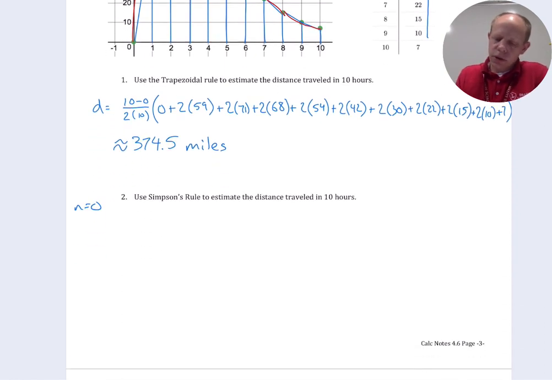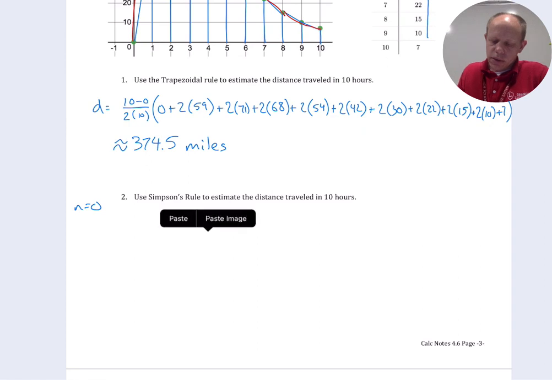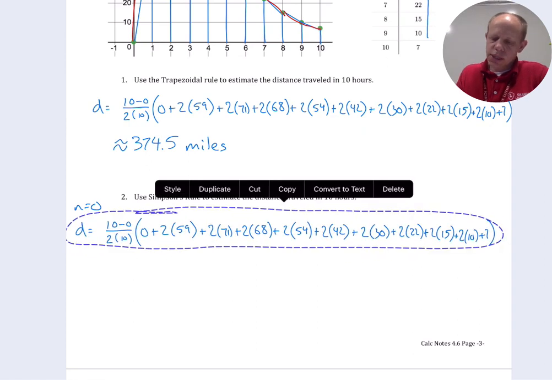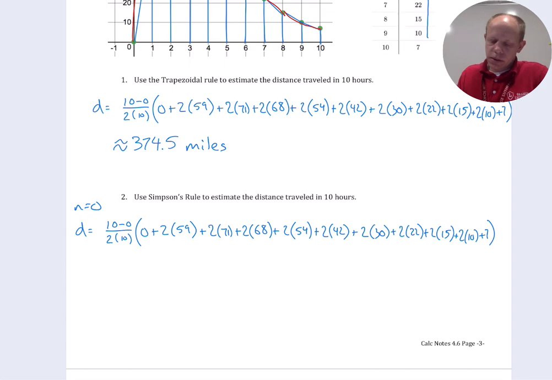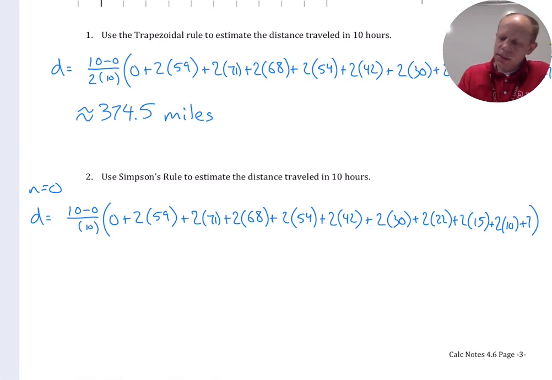Now if you notice, between trapezoidal and Simpson's rule, all you have to do is change a couple things. So you can actually just copy this, and we'll change out the things that we need to change out. One of those things is that this needs to become a 3 instead of a 2. And then the coefficient pattern is going to go 4, 2, 4, 2, 4, 2, 4, 2, 4, 1.